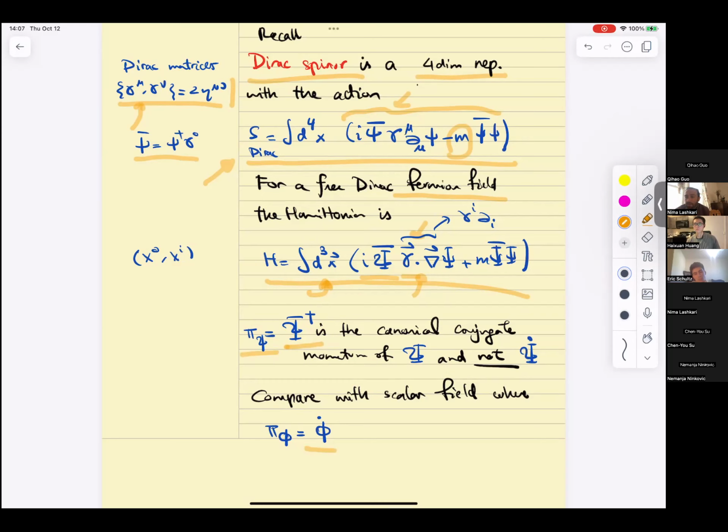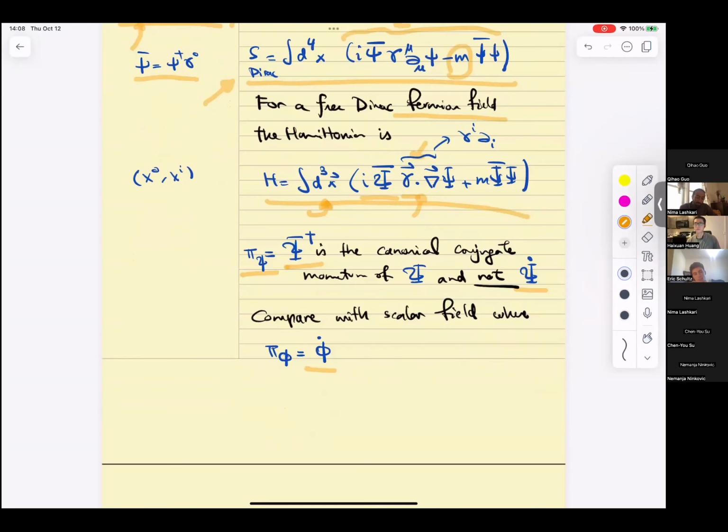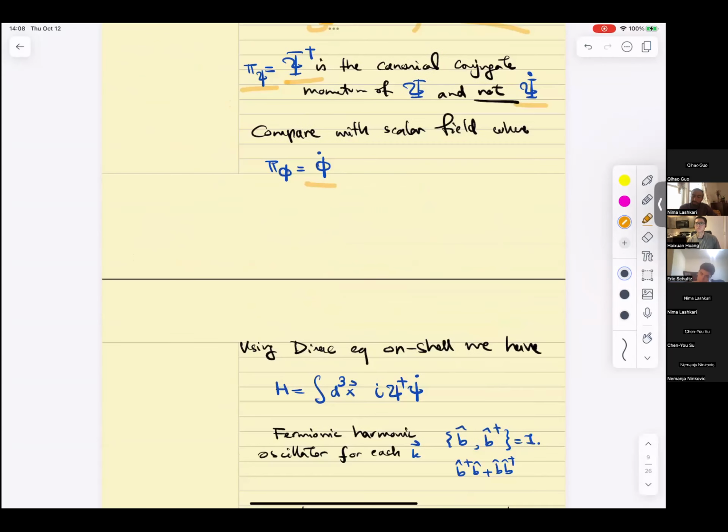It comes from the fact that the equations of motion for the Dirac equation for spinors were first order, right? Going from classical physics to quantum physics, we should impose canonical commutation or anti-commutation relations between conjugate variables. Here, the conjugate variable to psi is not psi dot, not the time derivative of psi, but psi dagger. Therefore, we'll have to impose a relation between psi and psi dagger.